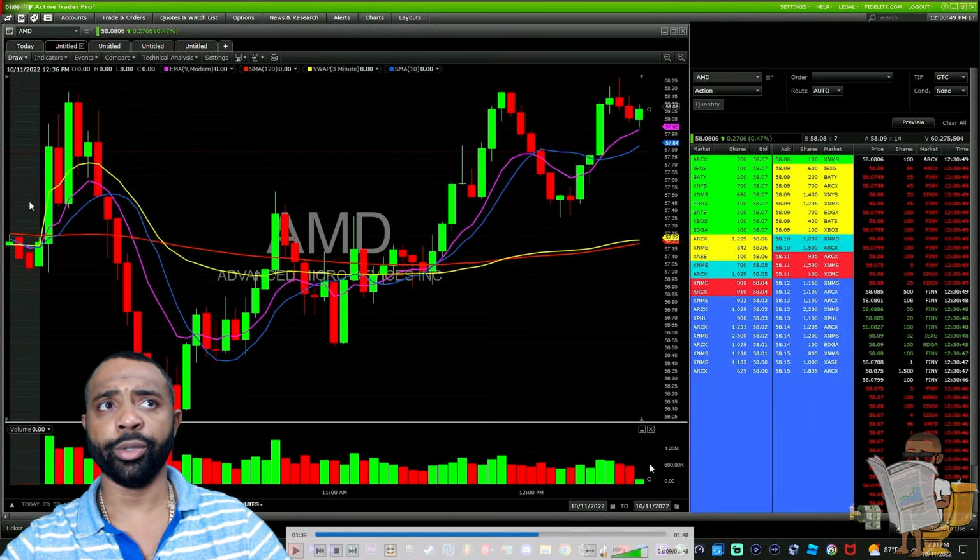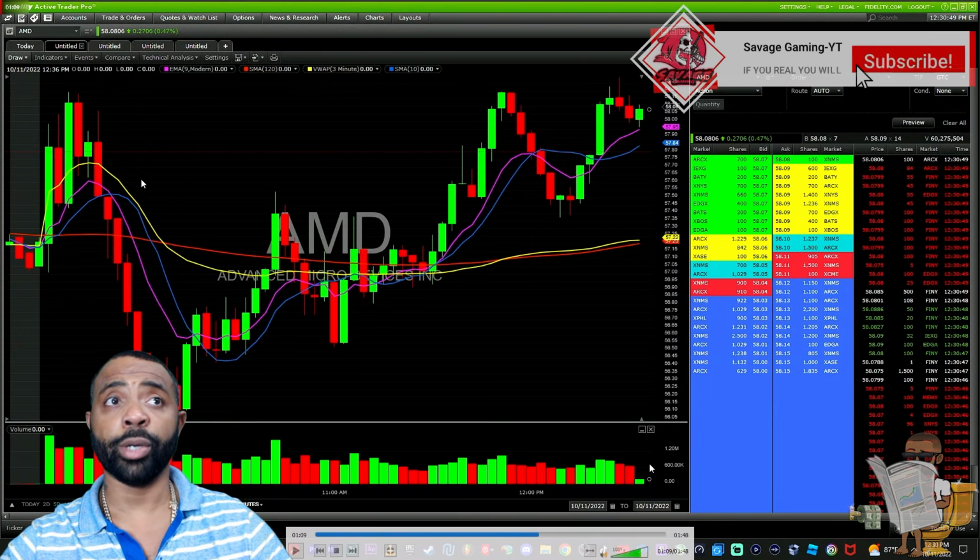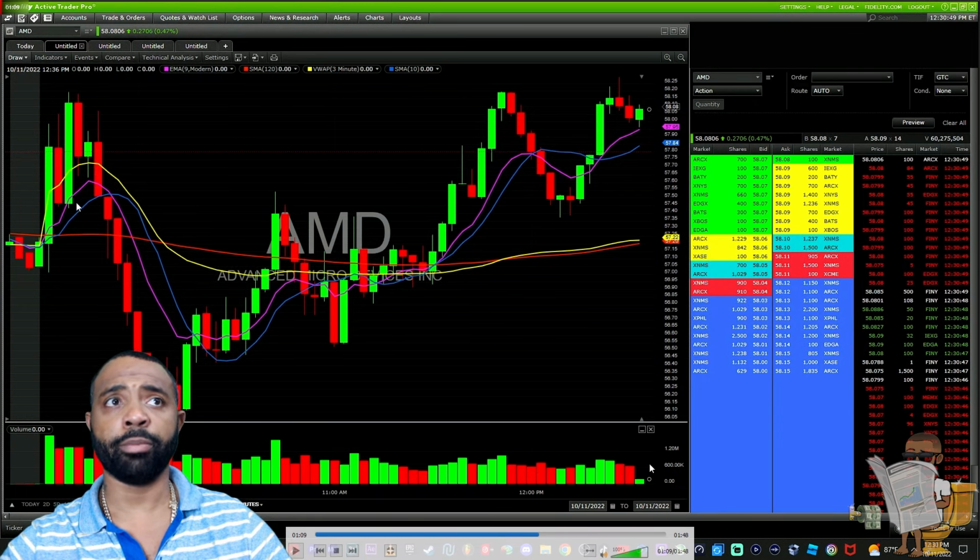So you know that little resistance slash support area that I drew out was valid, because look how the price action responded to that level.